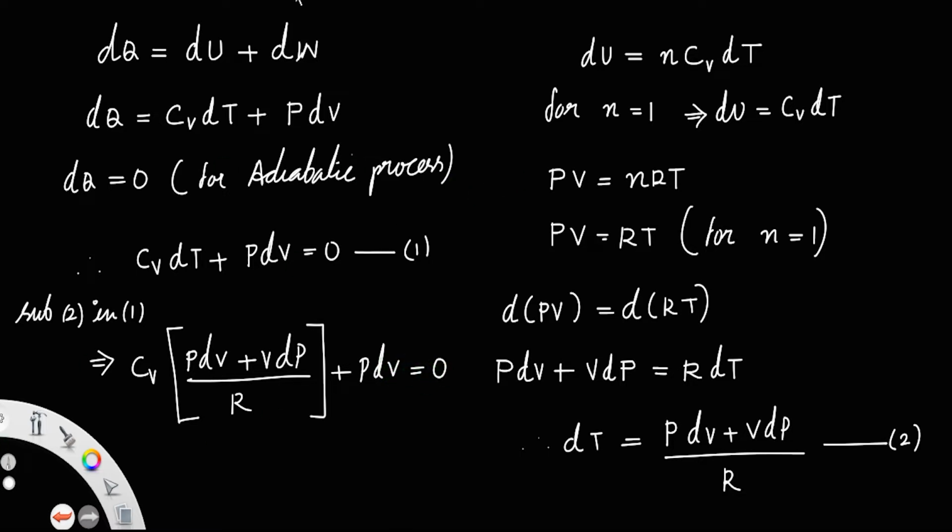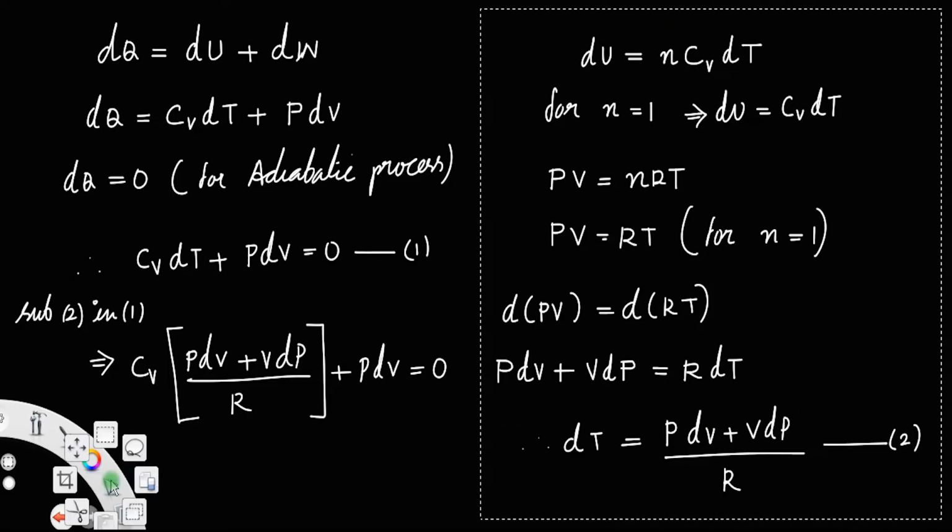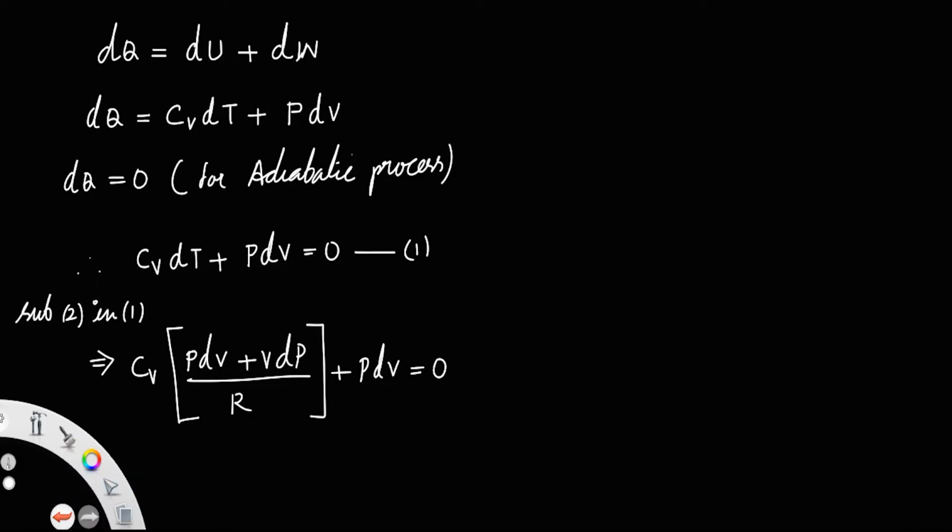Now let's simplify this equation. That is, Cv P dV plus Cv V dP, whole divided by R, plus P dV equal to 0.